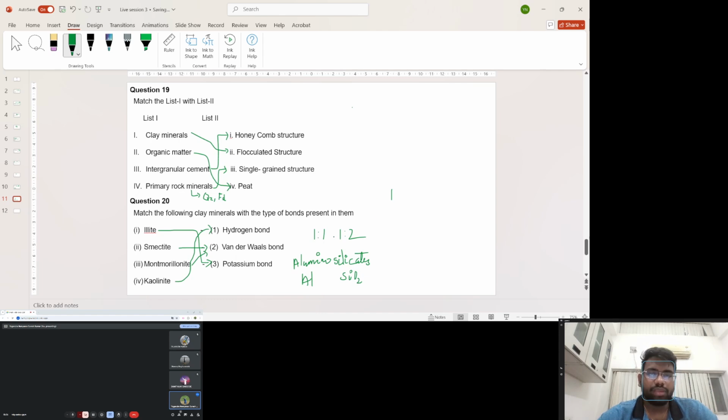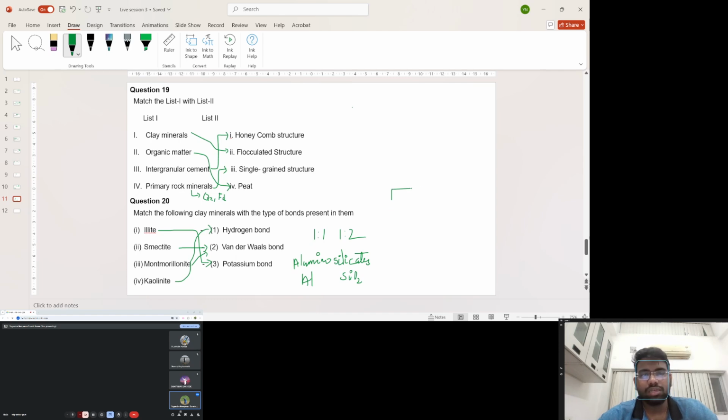Clay minerals are an interplay of arrangements of aluminum and silicon. So there are two types of arrangements, 1:1 and 1:2.